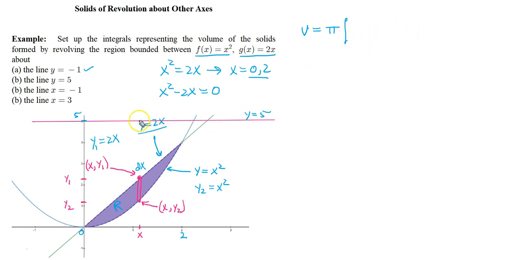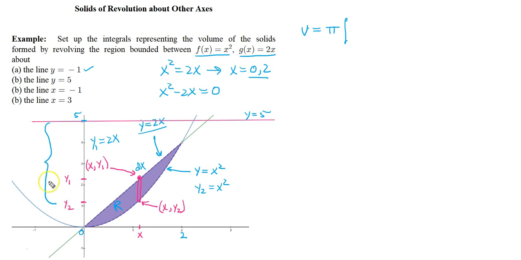So now we have to find our outer radius and square it, and our inner radius and square it. Our outer radius is going to be the distance from here, our axis of rotation, all the way down to that point on our lower curve. That point is x comma y2. So this distance from here to here, label it like this.